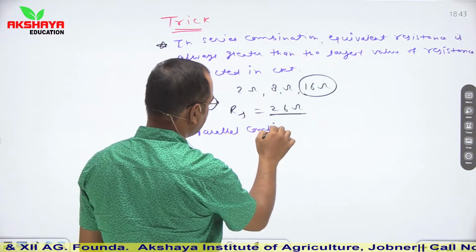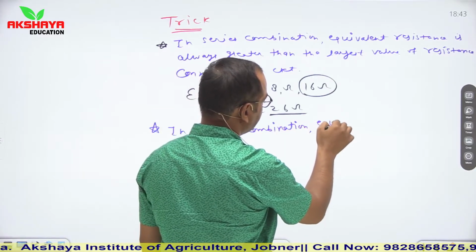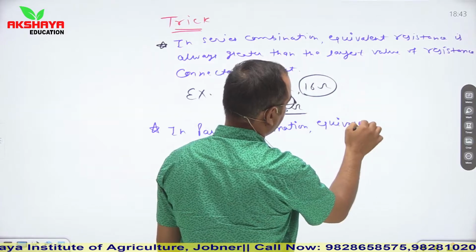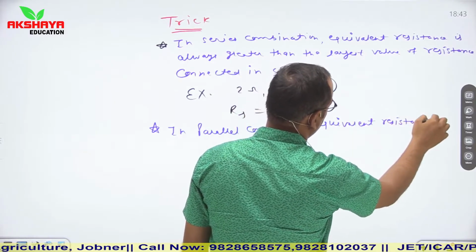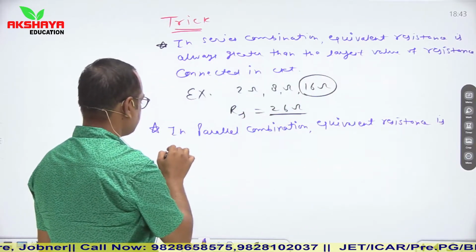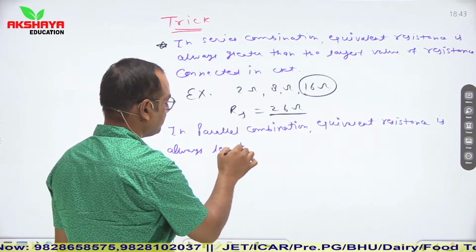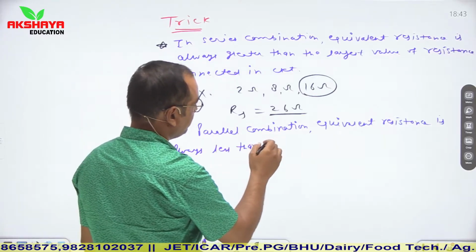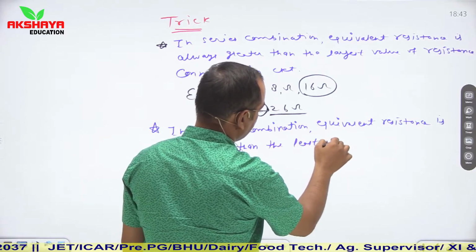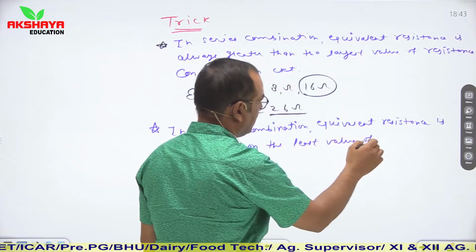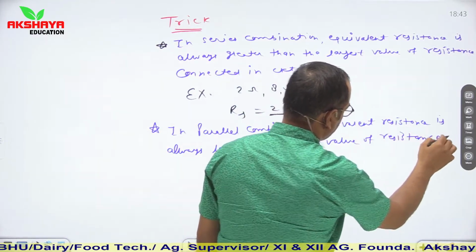In parallel combination, equivalent resistance is always less than the least value of resistance connected in circuit.